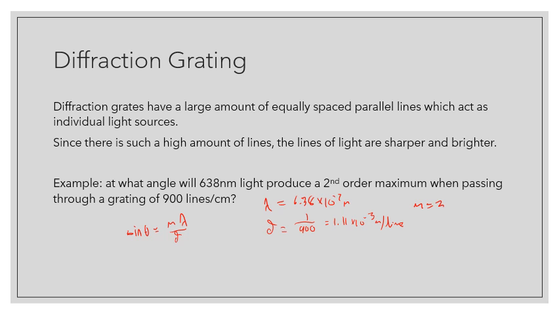So theta is equal to sine inverse of m, which is 2, times lambda, which is 6.38 times 10 to the negative 7, all over 1.11 times 10 to the negative 5. So theta comes out to be 6.6 degrees. There we go.